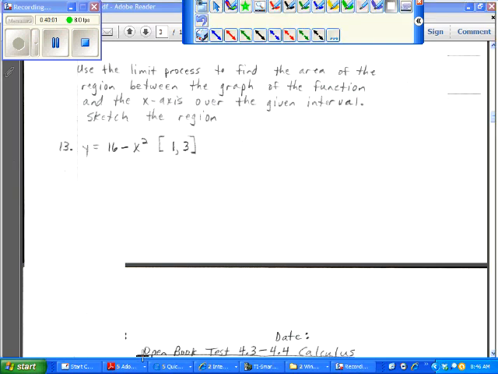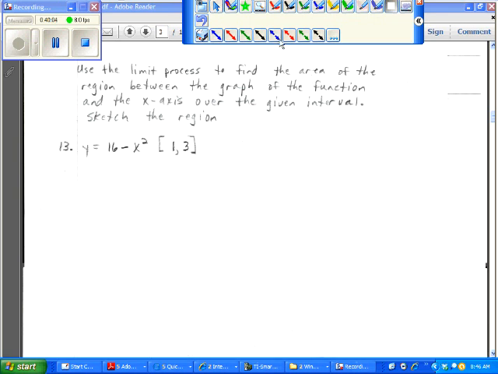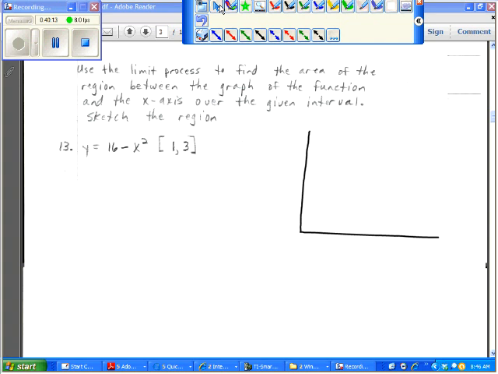Now, I'm not going to try to draw this perfectly for you, but here's what we're thinking. We're in quadrant 1. This is my x-axis, right? And I've got the graph of 16 minus x squared, and I'm going to be looking at it between 1 and 3. You need to get the visual of this, okay? So 16 minus x squared, the minus x squared means it's a parabola opening down, right? We don't know exactly what the parabola looks like, not that concerned about it right now, but something like that is going on.